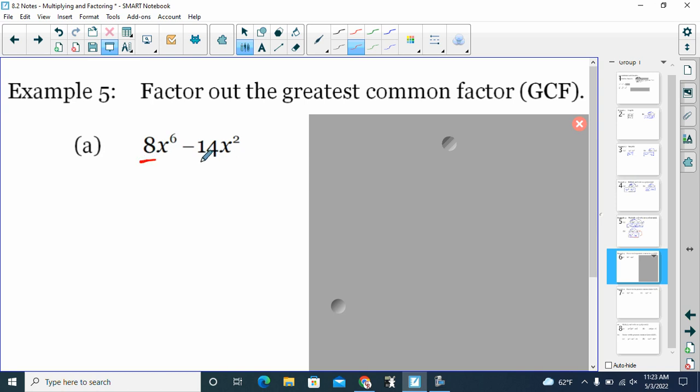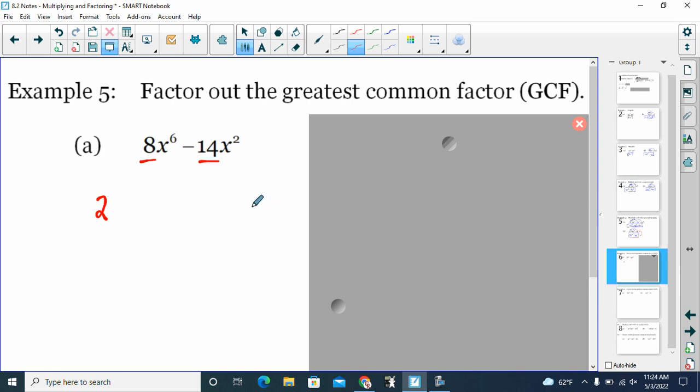So we're going to start with the coefficients. 8 and 14. You want to think about what is the biggest number that I can divide those both by. 14 is 2 times 7. 8 is 1 times 8 or 2 times 4. The only factor they have in common is a 2.